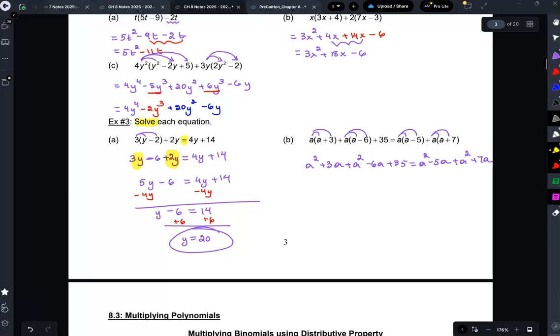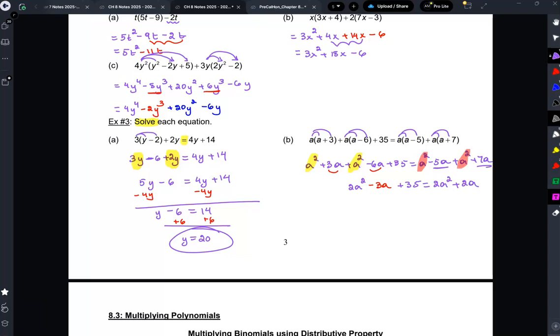So on the left side, a squared plus a squared is 2a squared. 3a minus 6a, negative 3a, plus 35, equals a squared plus a squared, also 2a squared. Negative 5a plus 7a is positive 2a.